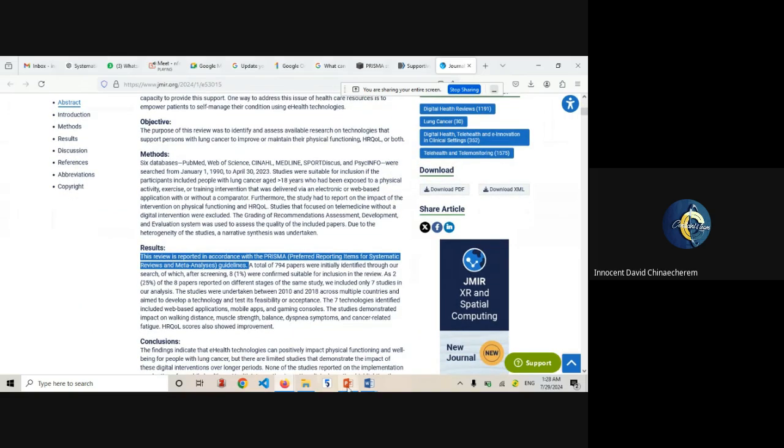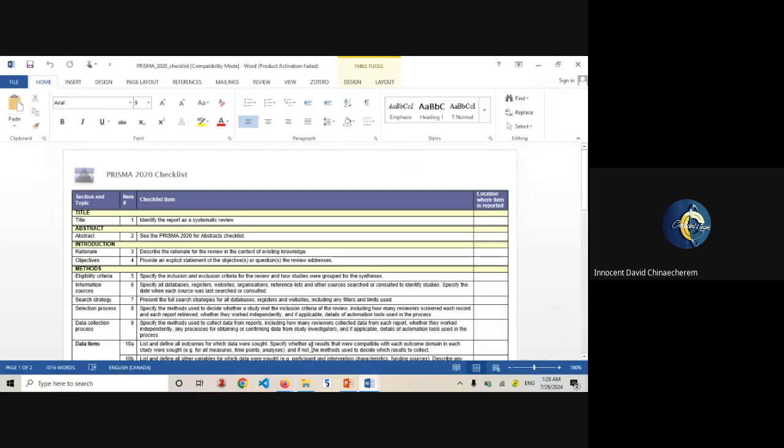Good. And the next thing they're going to do, this is to tell you how the judgment is being made for a systematic review. I just want to explain it in a simple way. Now, abstract, was this stated? Yes, the abstract is there. Did you describe the rationale? Yes. Was there an explicit statement of objective? Yes. Is there an eligibility criteria?